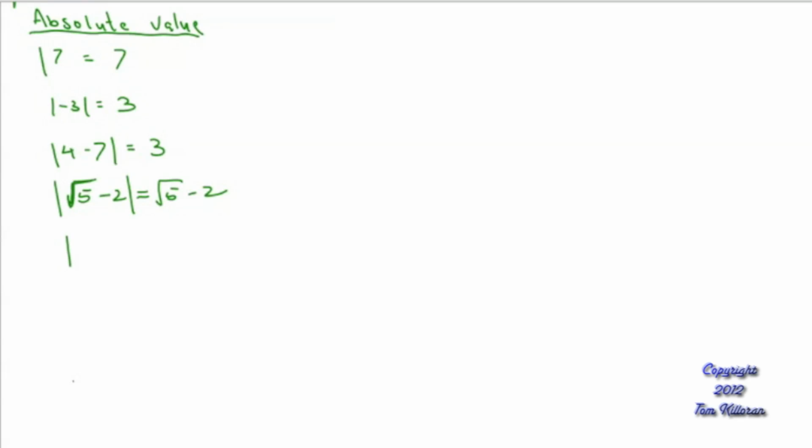How about the absolute value of 3 minus pi? Hello, irrational numbers. You have to think about it. Which one's bigger? Pi's bigger, because it's 3.14, which is bigger than just plain old 3. So how do I get this to be positive?